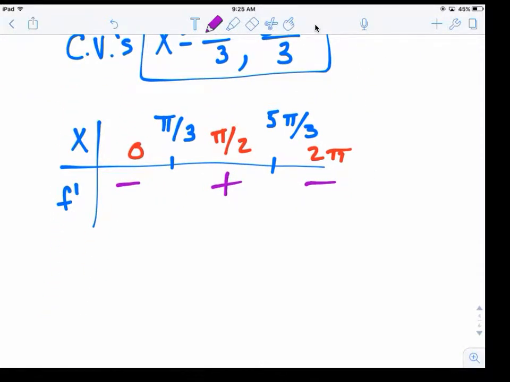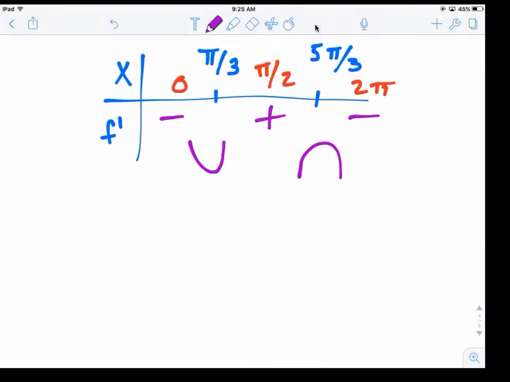Okay, so what do we have going on there? A relative min, and then you have a relative max at 5 pi over 3. All right, so you have a relative min at pi over 3.